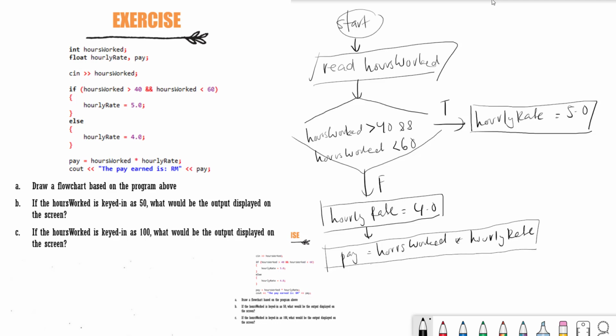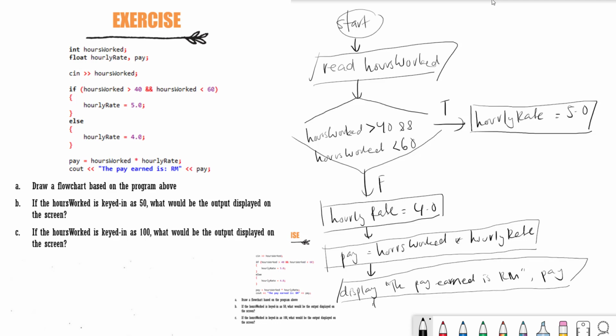Then lastly is display: display the pay earned is RM. What you want to display here is the pay. This is a parallelogram. And lastly, end.